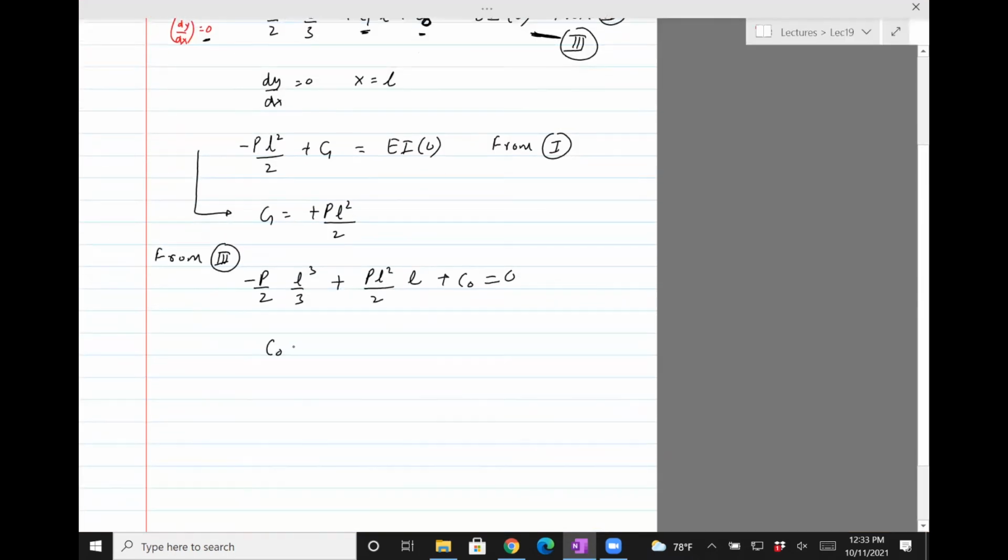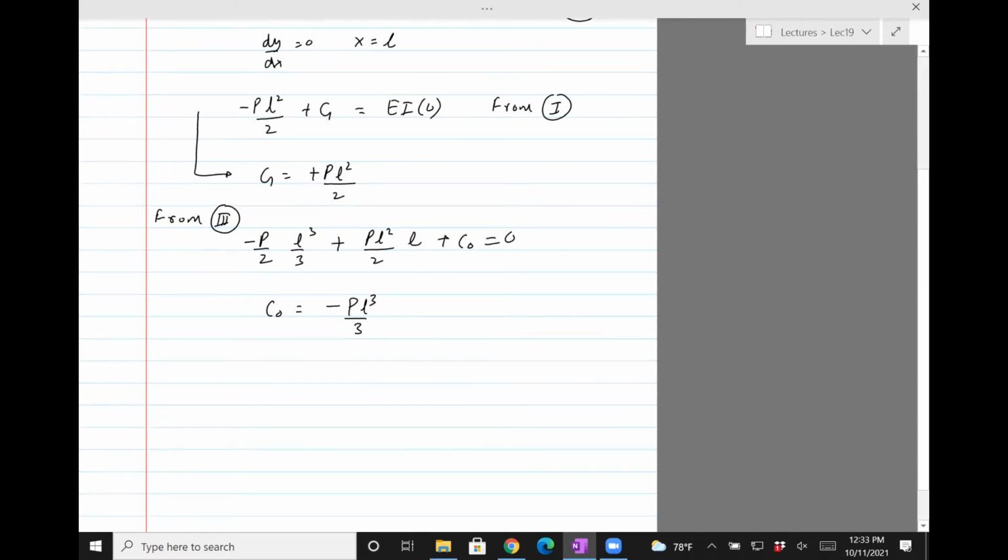And solving for C0 gives minus PL cubed divided by 3. Okay, so once we have C0 and C1, we effectively have solved for the slope and deflection.